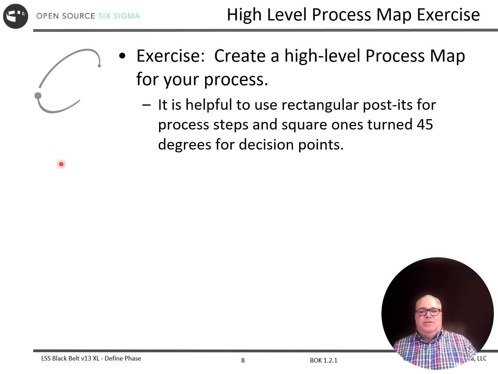So take a few minutes and see if you can draw that high-level map, and save that, and then we're going to continue to build on that as we move forward. So stop the video here and take a few minutes to draw out that high-level process flow.